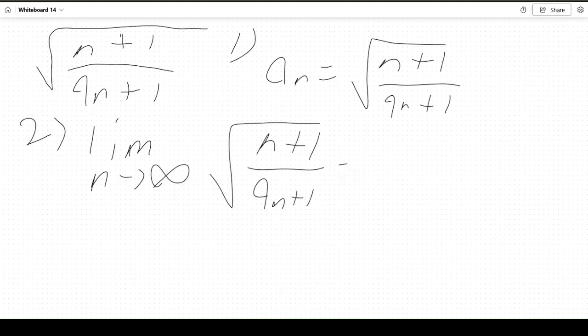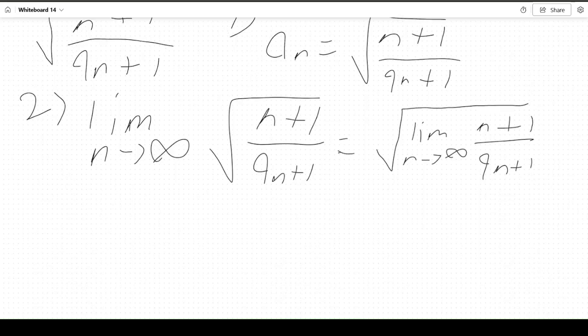So how can we do this? We can take the square root and let the limit go inside. So that would be much easier to do. We can do this.